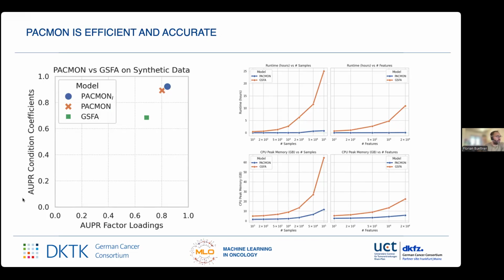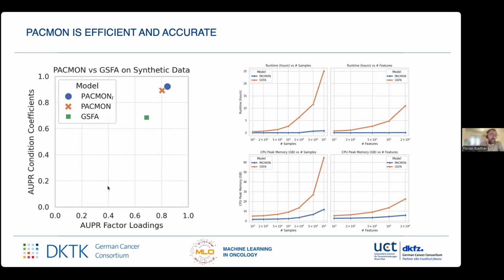And we measured that by computing the area under the precision recall curve, and we found very high AUPRs both for the factor loadings, so how well the modules were learned, and also the condition coefficients, so how well the link between these perturbations and the individual pathways were learned.